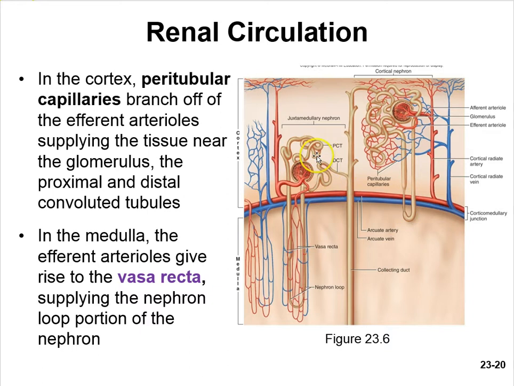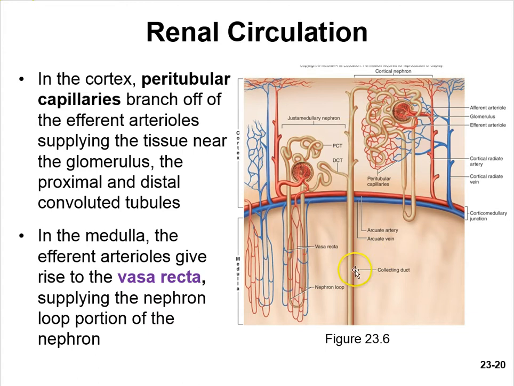The nephrons that wind all the way down into the medulla, very low, have a long, what's called nephron loop, and are called juxtamedullary nephrons, while the ones that don't go as low are called cortical nephrons. Then you can see how they wind and eventually empty into this collecting duct here.